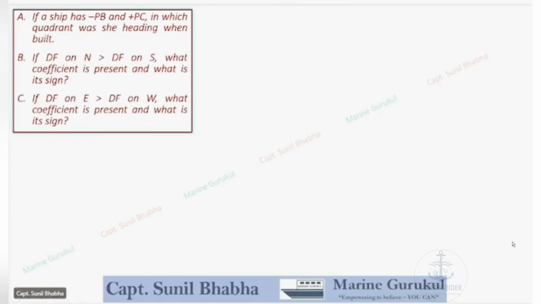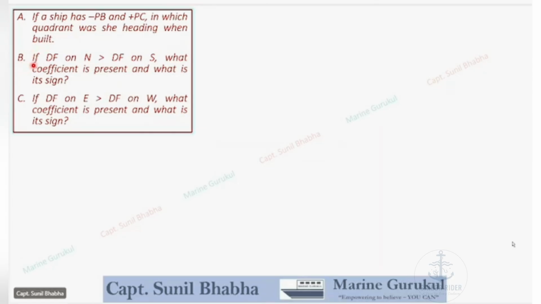We now move on to our next question. The question is in 3 parts. Part A of the question says, if a ship has negative PB and a positive PC, in which quadrant was she heading when built?